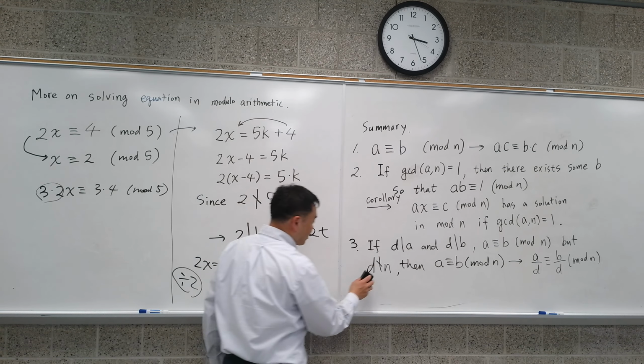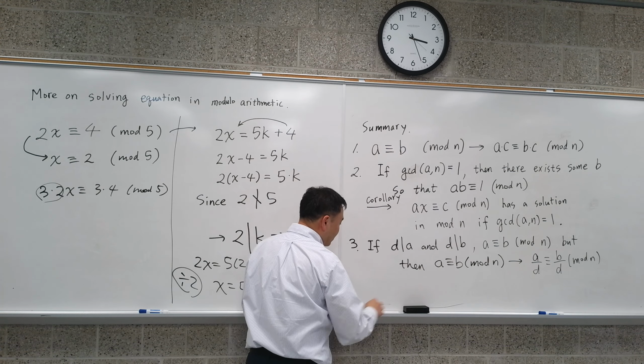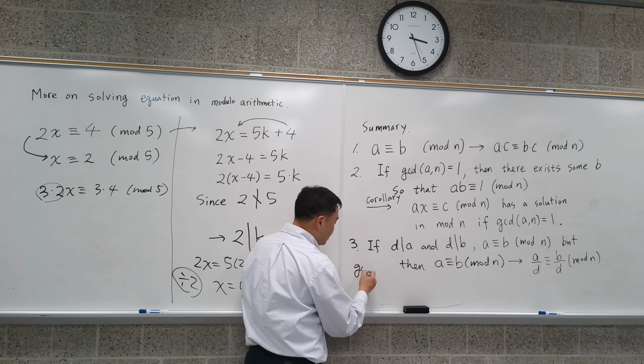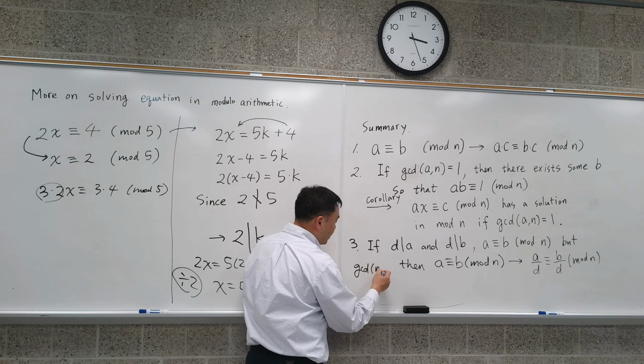I made a mistake, sorry. It's stronger than that. GCD of N and D is 1.